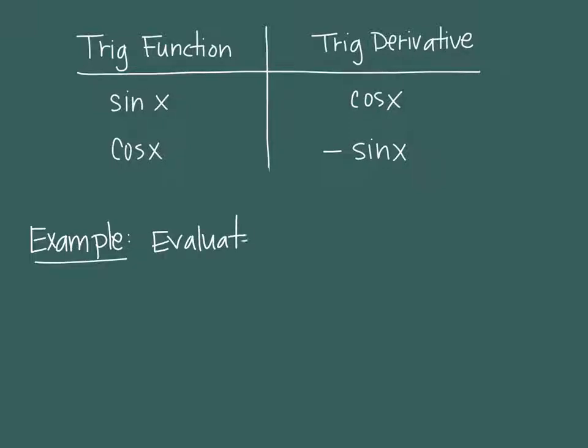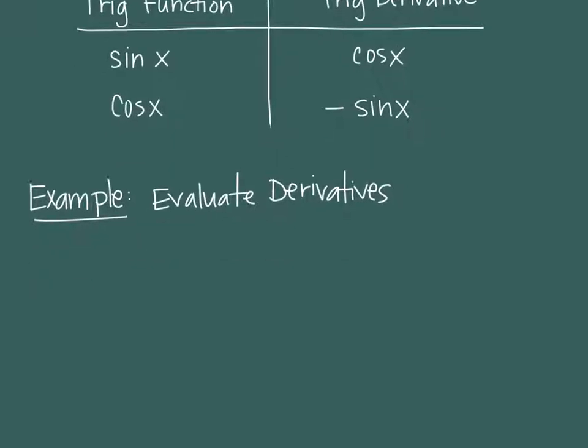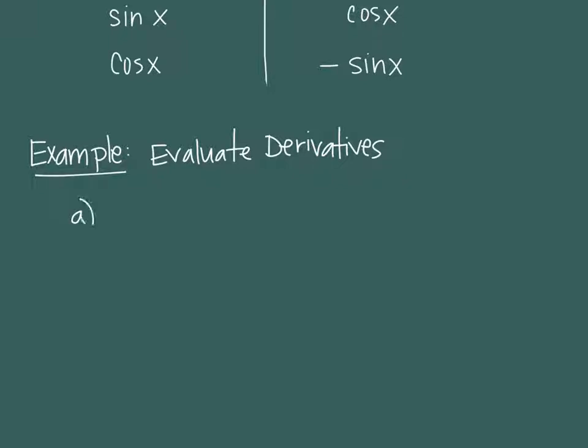So this is going to all fall under the heading evaluate derivatives. Now, the product rule, the quotient rule, those all still apply. Okay? All right, so here's question A. If y is equal to x squared times sine of x, what rule will you need to find that derivative?